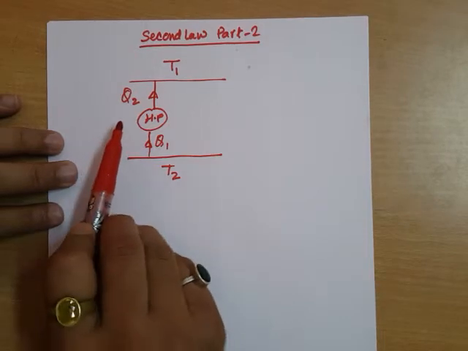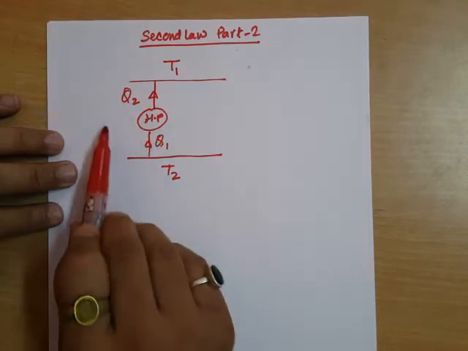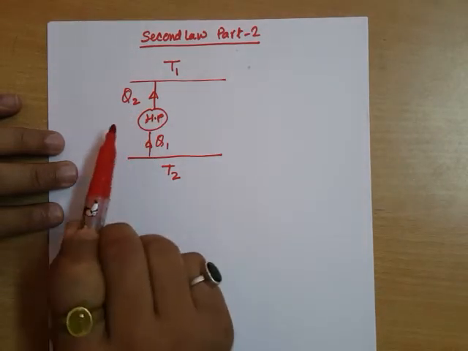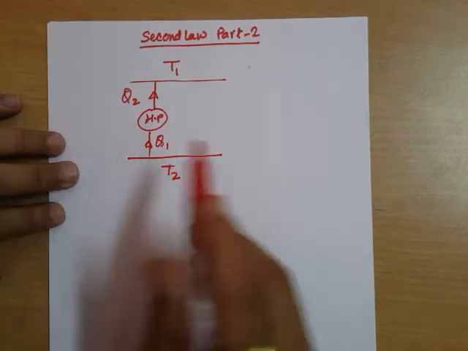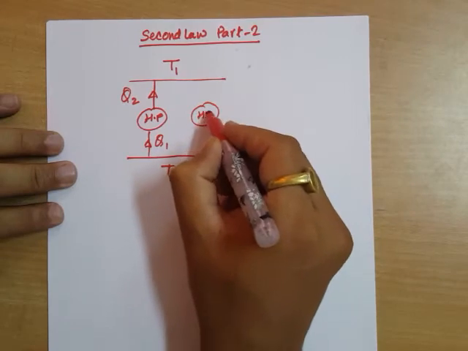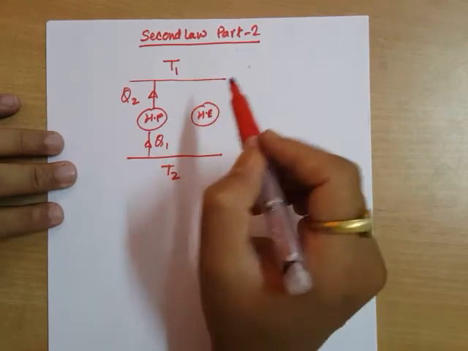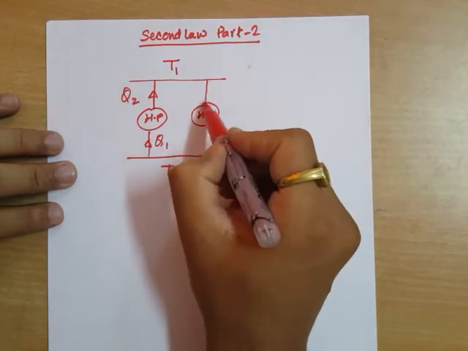As this is a violation of the Clausius statement, we will prove that this violation leads to the violation of the Kelvin Planck statement. So let us consider a heat engine working between the same temperature limits.